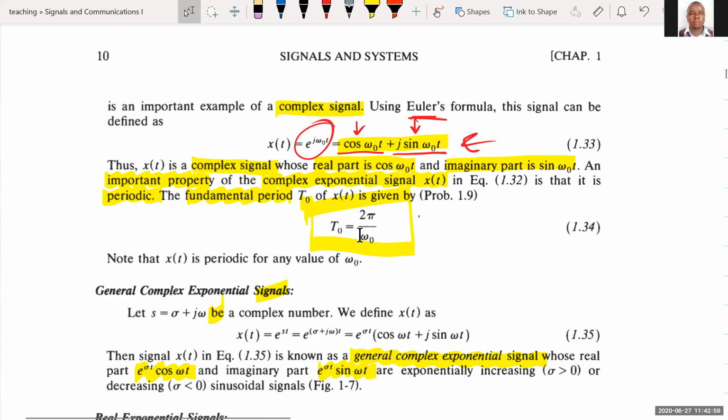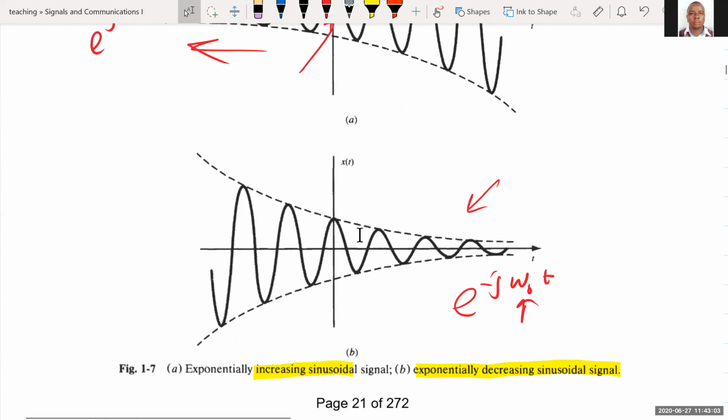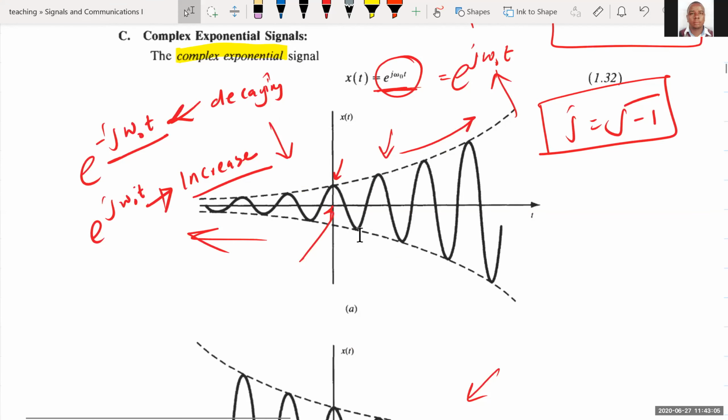So the very important point that we observe is that this signal is periodic, and T is given by 2 pi over omega naught, and we know how we define omega naught, so we can replace omega naught with 2 pi f naught.